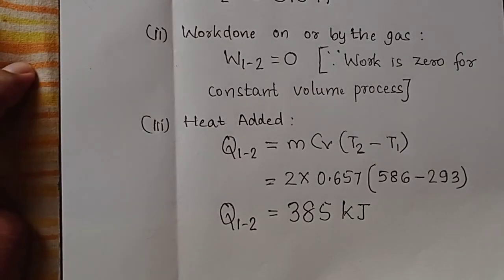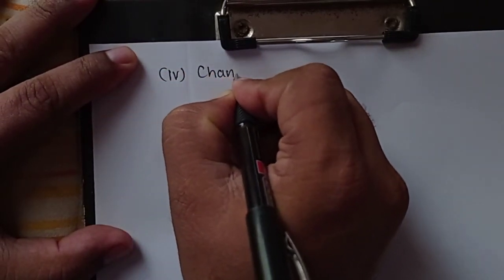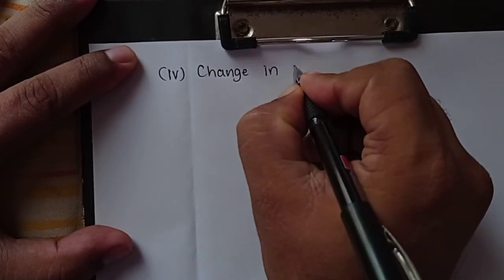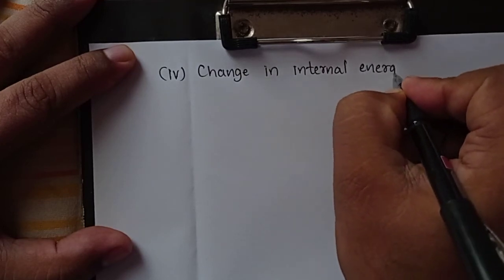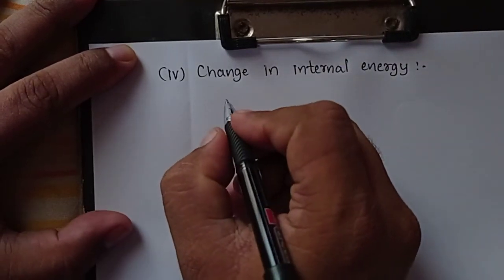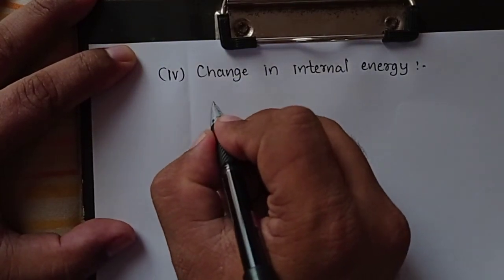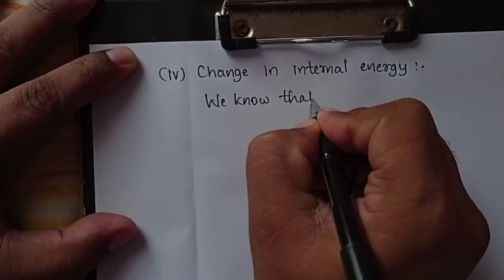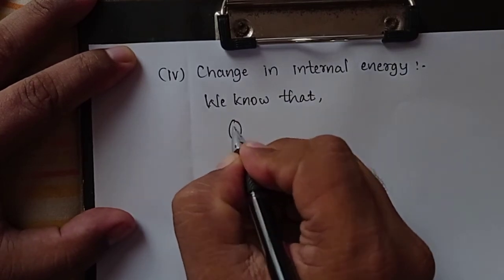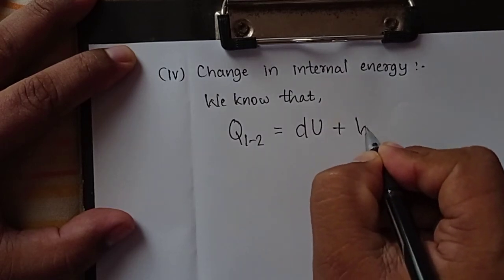Next, the fourth one, we need to find out the change in internal energy. We will use the equation from the first law of thermodynamics: Q12 is equal to dU plus W12.